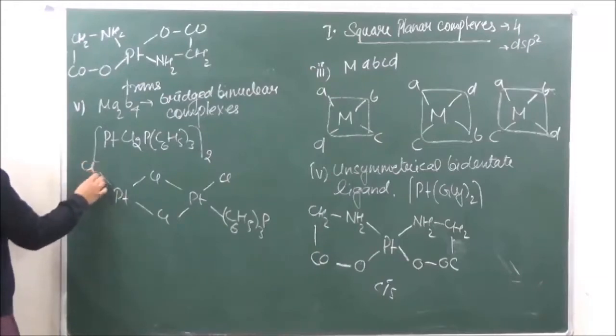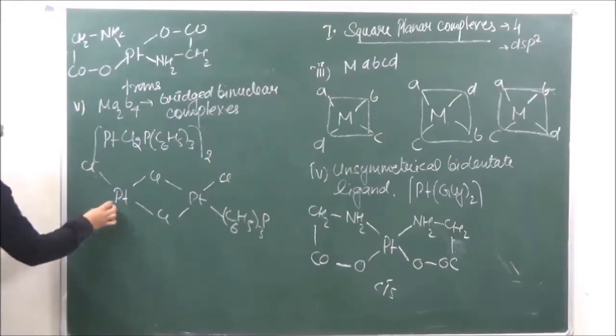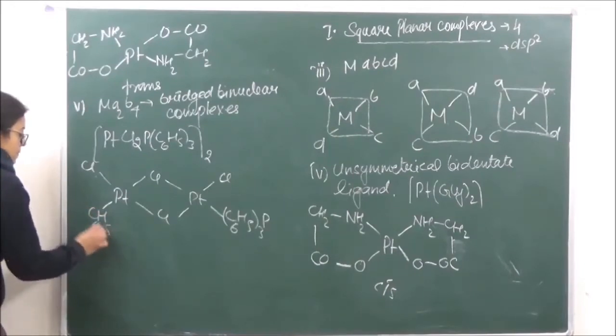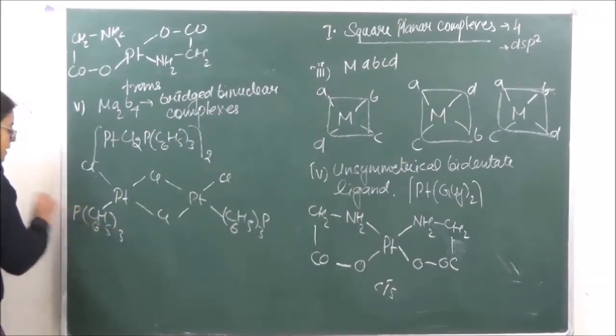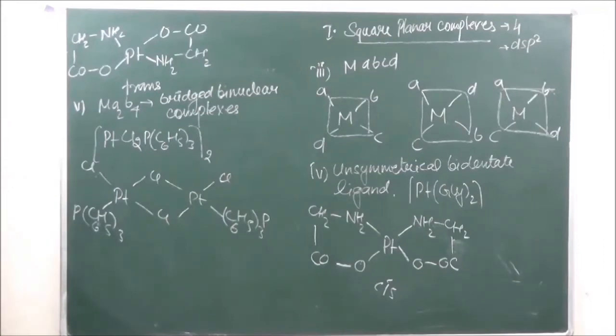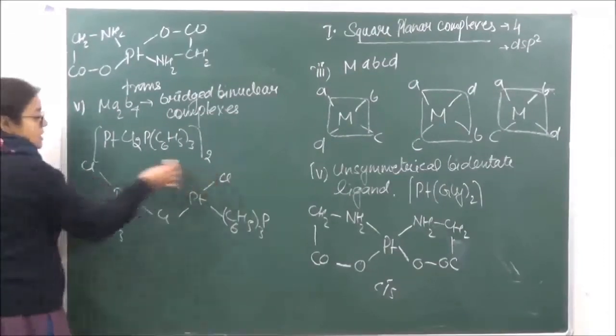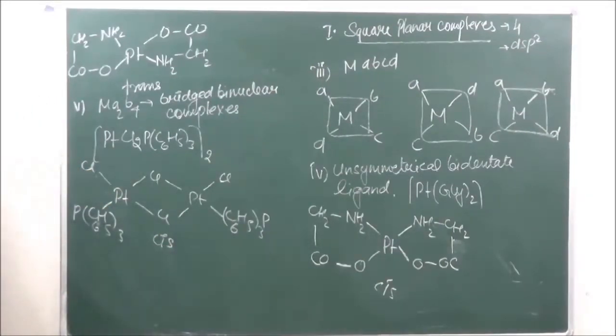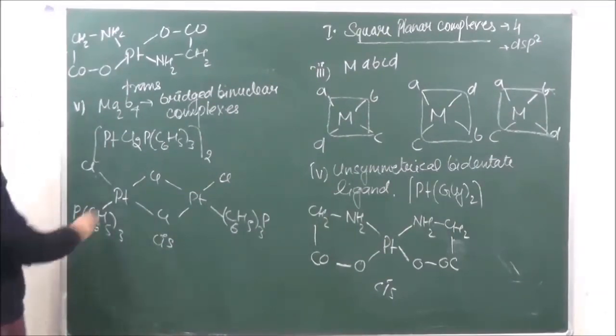Over here chlorine is on the same side, and similarly triphenylphosphine is also on the same side, right? Now because this is on the same side over here, then this is an example of cis isomer or the cis form. Okay? Now what will happen in its trans form?